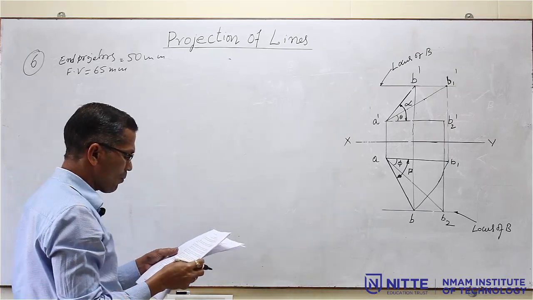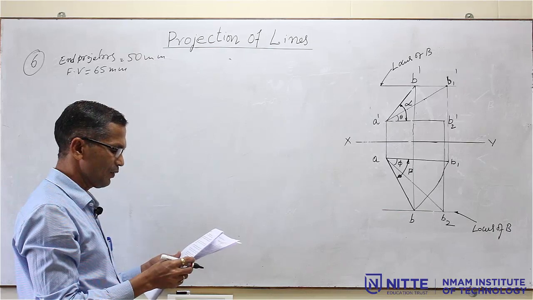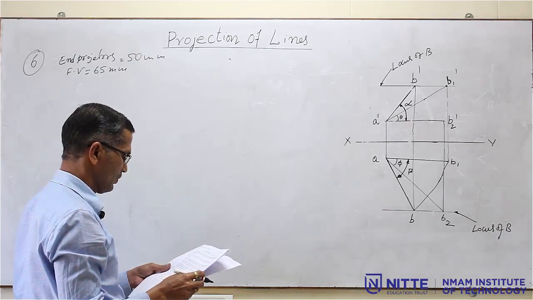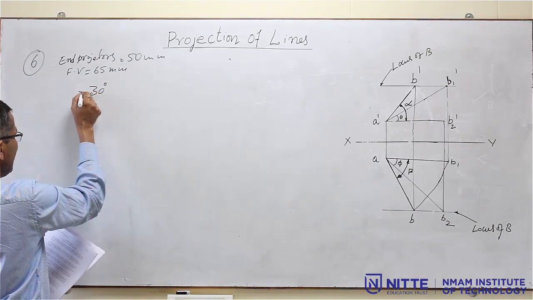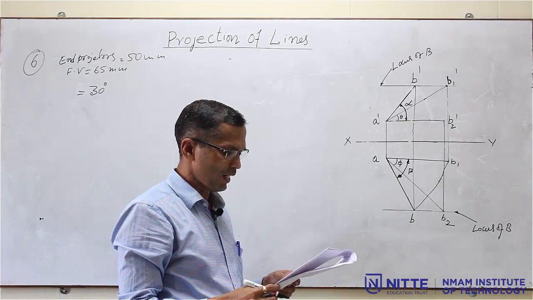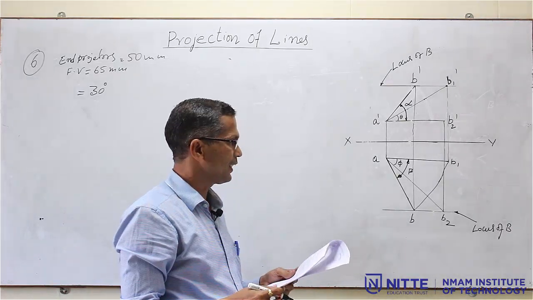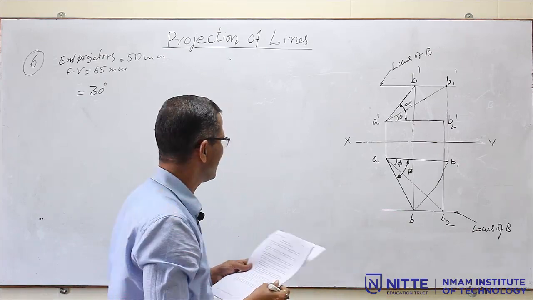And in top view, the line appears inclined at 30 degrees to the XY line. So, what is this 30 degrees? In the top view, the line appears to be inclined at 30 degrees. It is not the inclination of the line, it is the apparent inclination, that is beta.